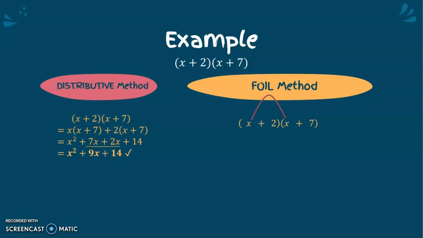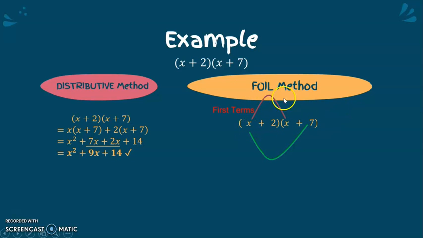This is the order in which you multiply the terms. The first terms are x times x. Later on, you will see. Then the O, which is the outer term, the ones on the outside.